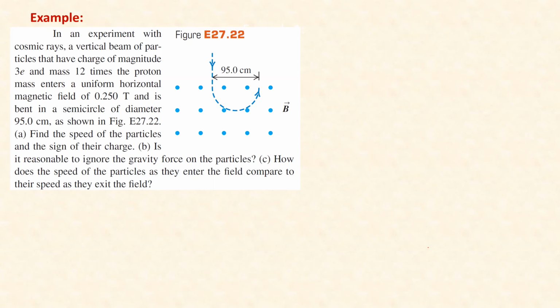So there are three questions. Let's find the speed of the particles and the sign of their charge. In fact, speed and their sign, so four questions. What is the sign of their charge? Can anybody tell? Are they positively charged or negatively charged?